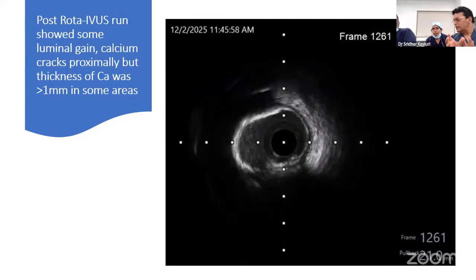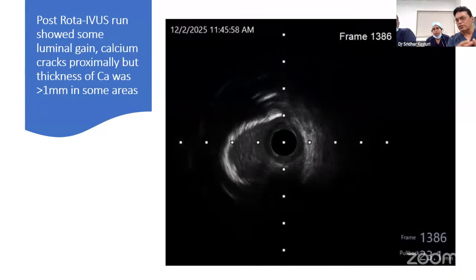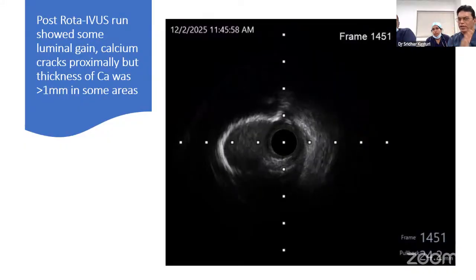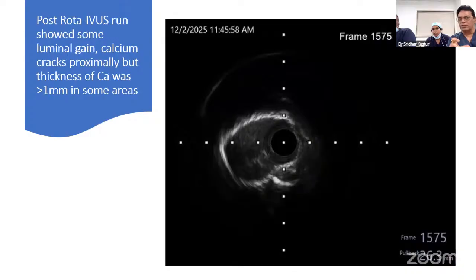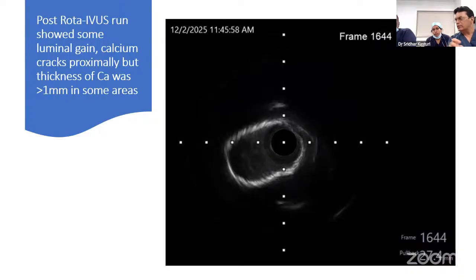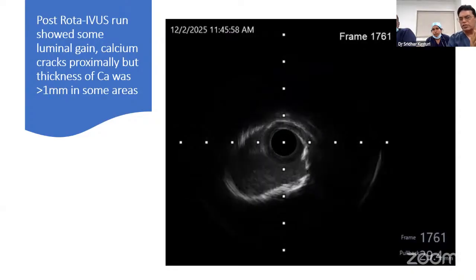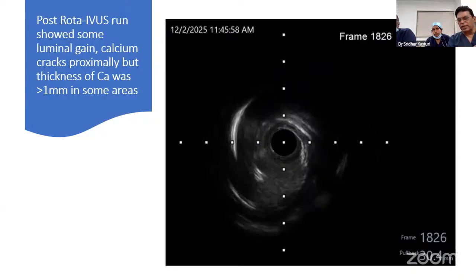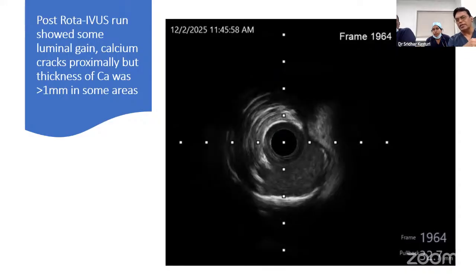So still there is a reasonably large calcium chunk. But compared to the earlier image, there is a definite shaving, there is no wire bias. It is just nearer the nodule, it ablated, but still because of the large area of calcium, as you mentioned very clearly, LAD ostium is still very, very tight.